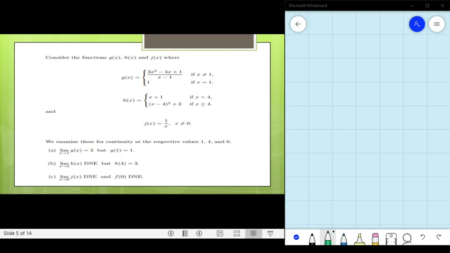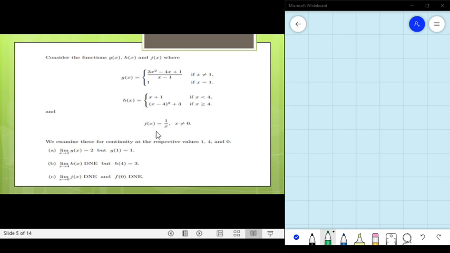Now let us consider the functions g of x, h of x, and j of x, where g of x is equal to 3x squared minus 4x plus 1 all over x minus 1 if x is not equal to 1, and 1 if x equals 1. h of x is equal to x plus 1 if x is less than 4, and quantity x minus 4 squared plus 3 if x is greater than or equal to 4.